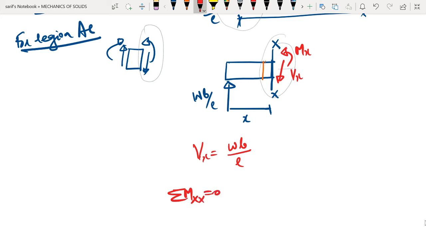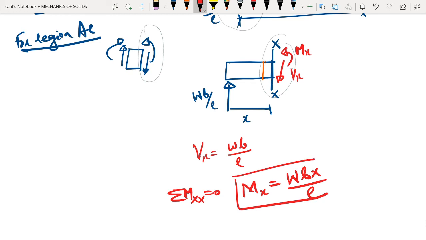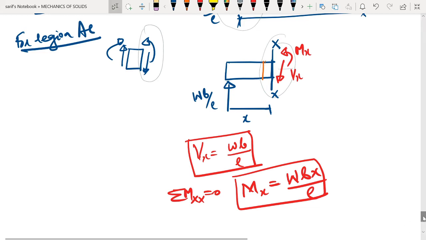If we take moment about the section xx equal to 0, we will get an expression for Mx as Mx is equal to WB into x divided by L. So this will be the expression. Okay, so this is how we develop expressions for the beams.